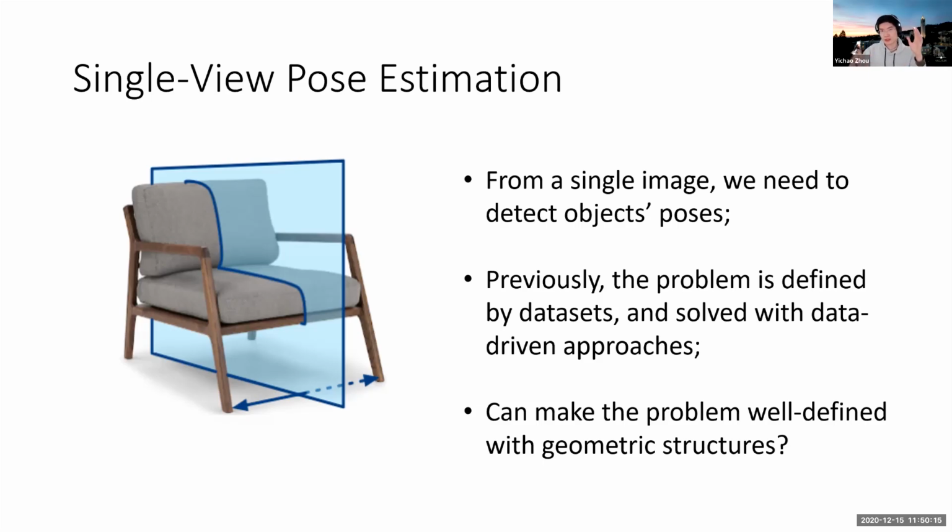So the idea here is that the single view pose estimation problem is to say how do we detect the normal of its symmetry plane. Then this problem becomes much cleaner, right? It's a more well-defined problem in the language of geometry. So how do we detect the normal of the symmetry plane with a single image?